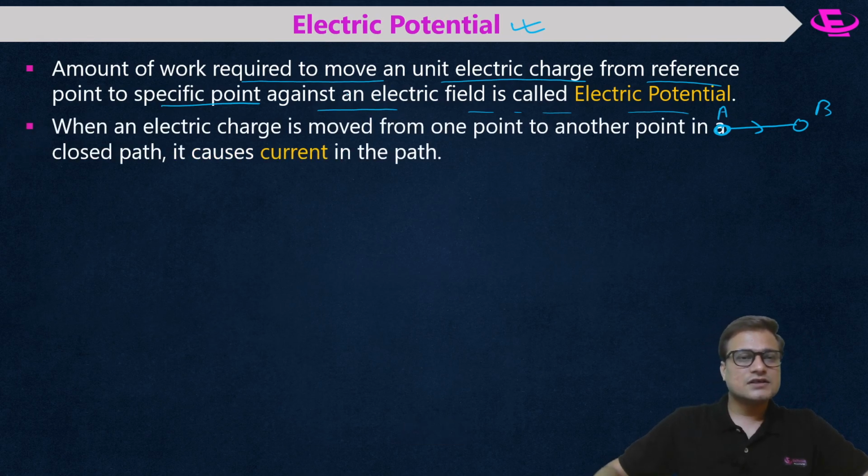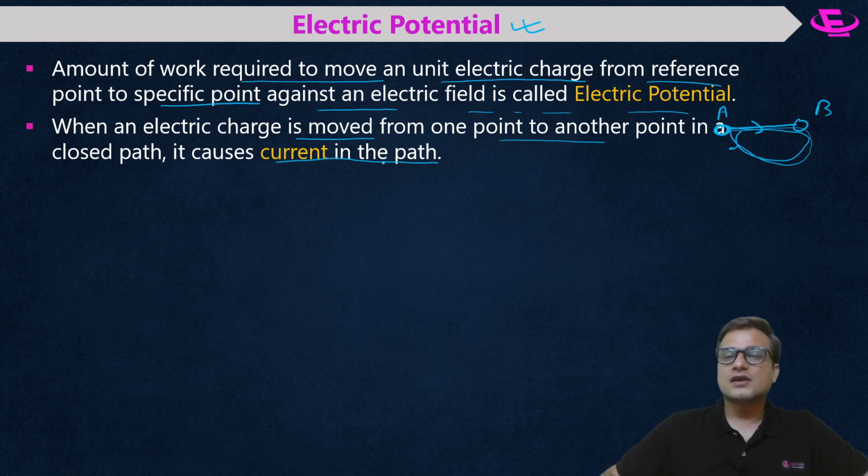Next, when an electric charge is moved from one point to another, what is happening? What we have learned is, if the path is closed, then it causes current in the path, or current in the circuit.